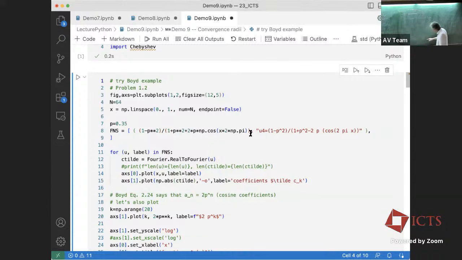So this is a sum of Lorentzians that are offset from each other by 2 pi. And so by adding all these Lorentzians together, you're guaranteed to get something which is periodic. And so you're actually getting a very nice Fourier expansion for this thing.